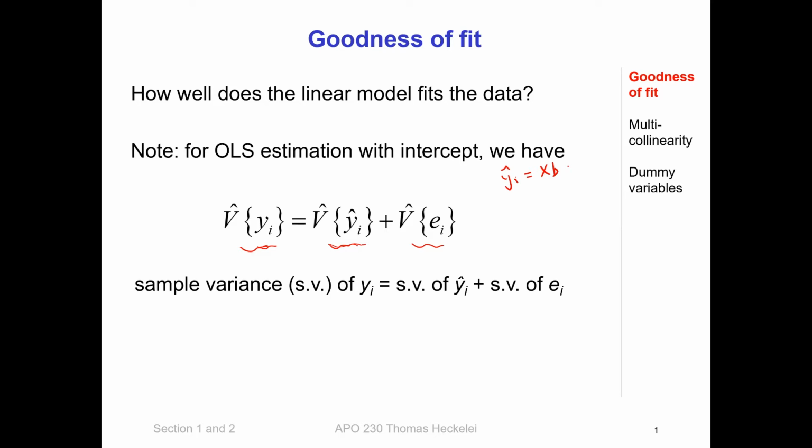Not beta, but b, because we fitted it already. Plus the variance of the residual, the error terms. Why are there hats above these variances? Because we're talking about the sample variance that we calculated or estimated from a sample of data. So from this, we will derive the goodness of fit.